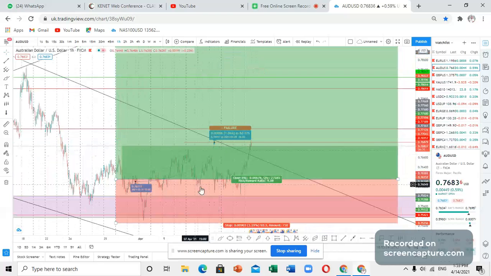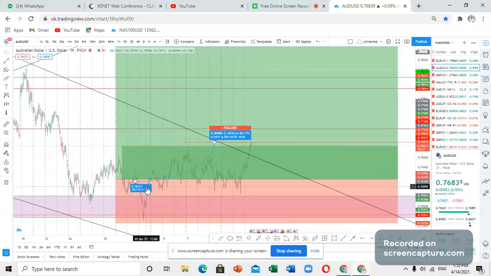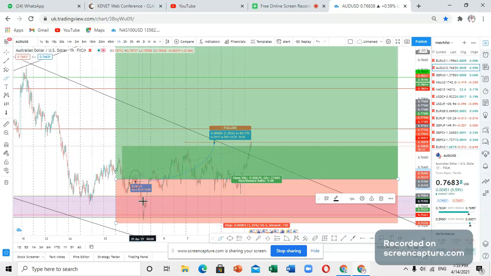I had taken the trade earlier on and I was just holding the trade. I took a trade around this position. Remember, this is an hourly time frame.